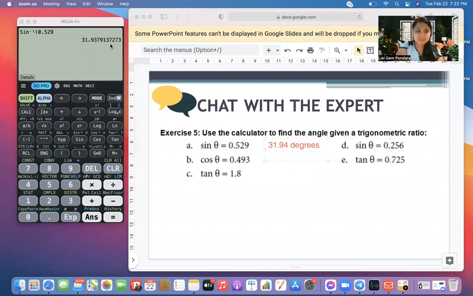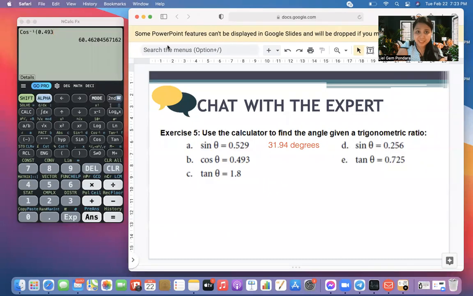Next, let's clear this one first. Clear. We have cosine theta equals 0.493. So shift cosine 0.493. Here's the answer.